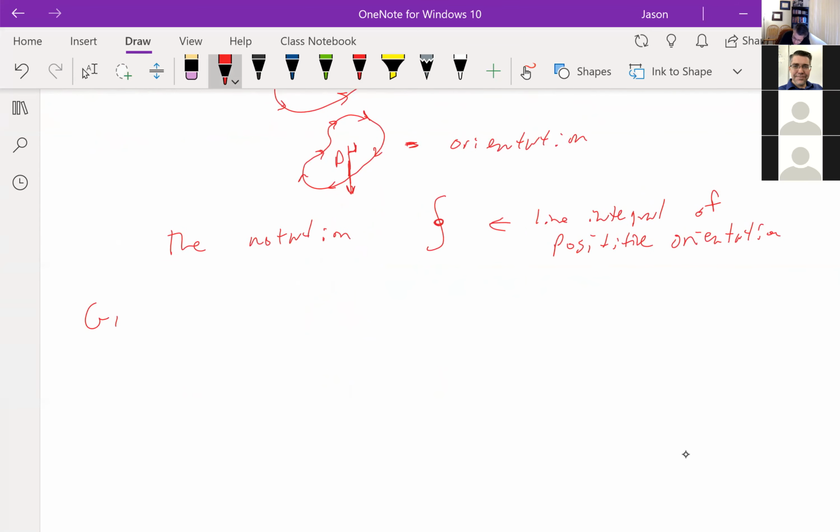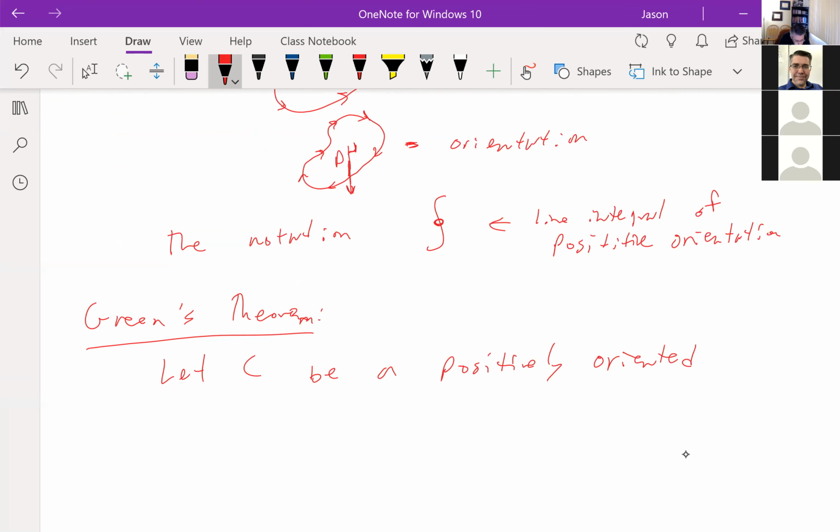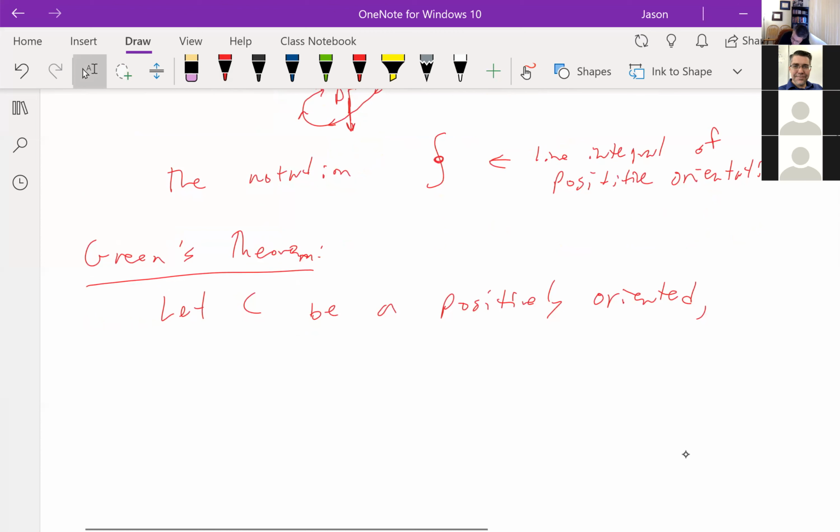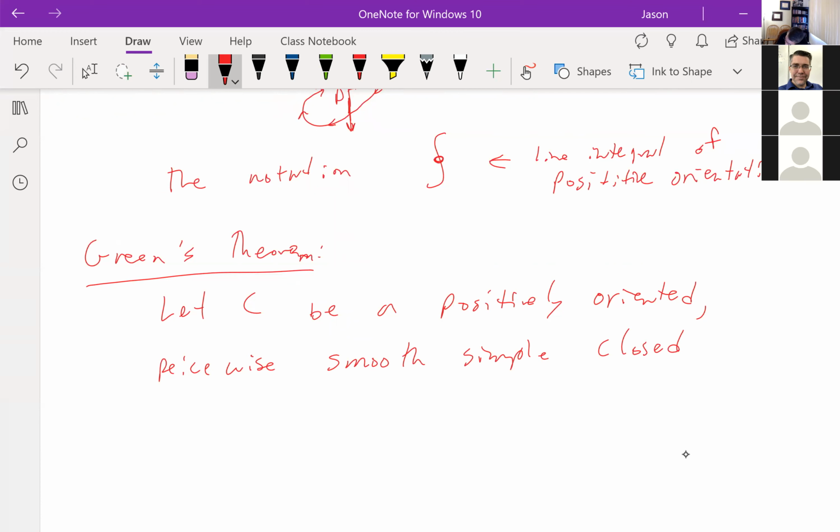Okay, so let's look at Green's theorem here. Let C be a positively oriented, piecewise smooth, simple closed curve in the plane.